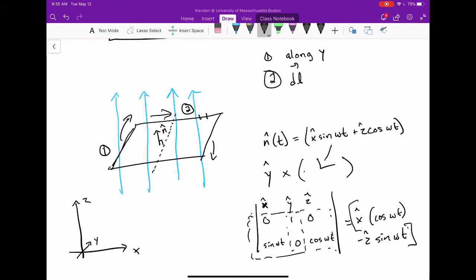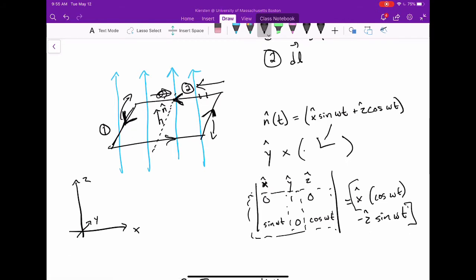Actually, by the right-hand rule, it needs to point that way. So my contour direction needs to be like this in order to agree with the surface normal vector that I chose. That means that dl is x hat cosine omega t dx minus z hat sine omega t dz.